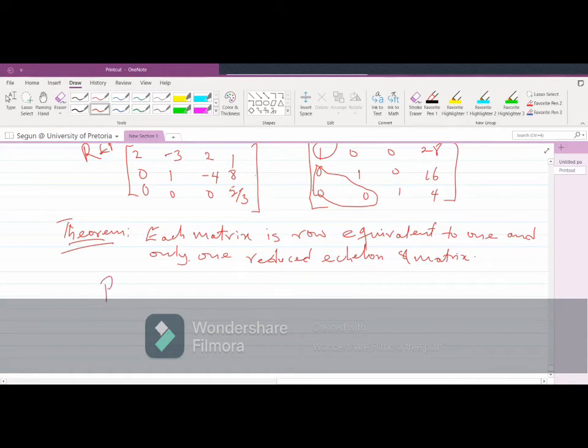At this point, it will now lead us to pivot position. Idris was asking us last time about pivot position.